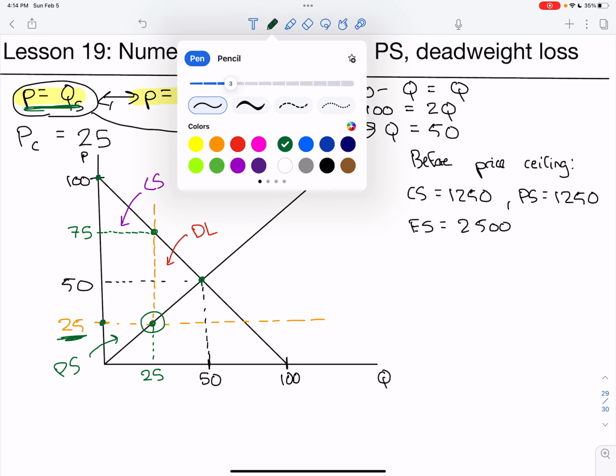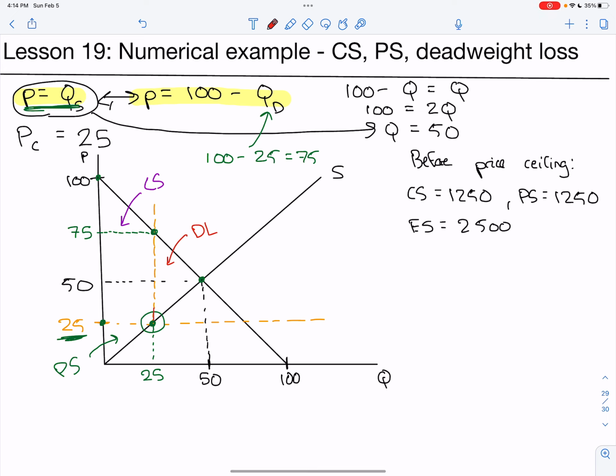So let's start by calculating the deadweight loss, which is this triangle here. So what is this height? It's just 25 to 75, right? So that's a height of 50. What would be the base, or maybe this is the base and this would be the height. So what would be the height?